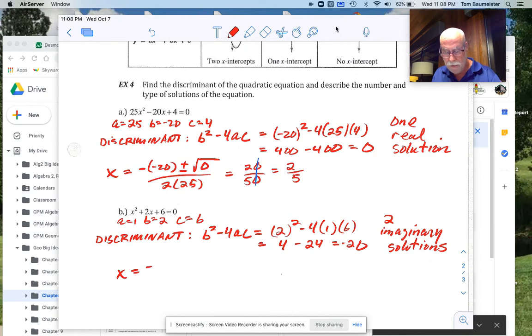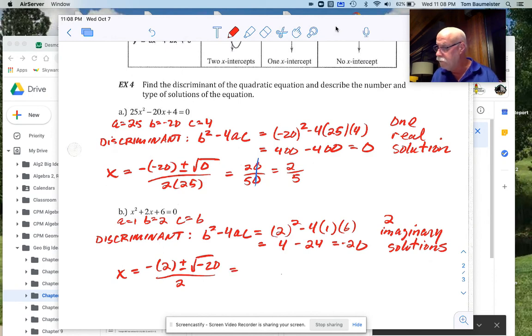So I'll have negative b plus or minus the square root of negative 20, and that'll be over 2 times 1, or just 2.